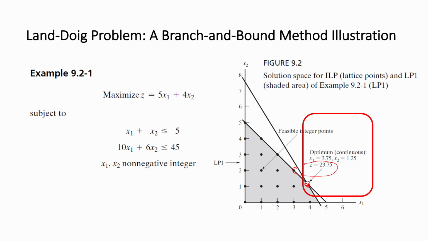So this 23.75 was the solution of the LP, meaning the relaxed problem, so the solution of the ILP should not go bigger than this. Okay. Now, how do we implement the branch and bound? Now look at this. Since 23.75 is not an integer, this already tells us that branching must be done.